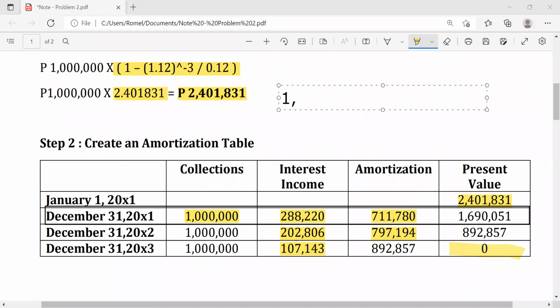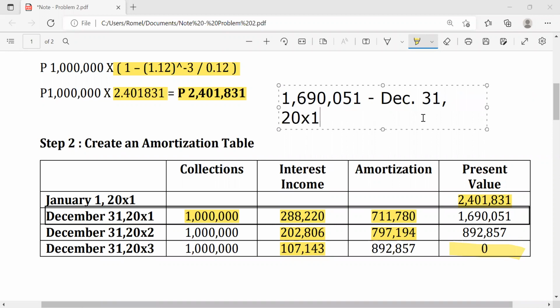So this is the present value as of December 31, 20x1. So why am I emphasizing this date? Kasi how do we present the 1,690,051 in the financial statements? So paano natin to i-present?